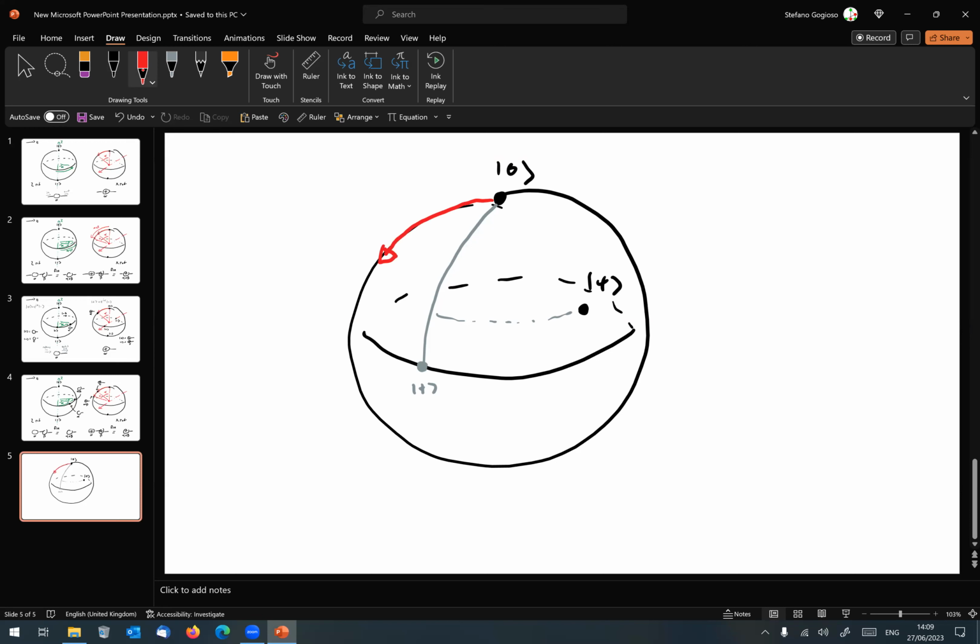So I'm going to do a theta rotation by X, and then some phi rotation by Z, and I'm going to get my state. So any general state can always be written as: start from 0, the crossed spider with no angle, then apply an X rotation by theta, and then apply a Z rotation by phi.